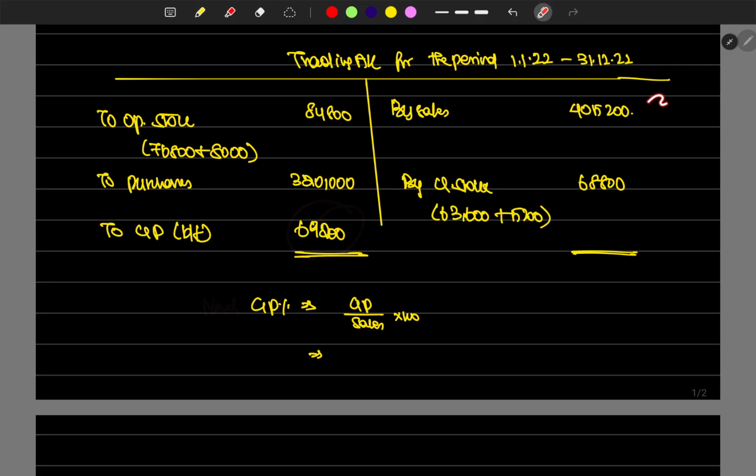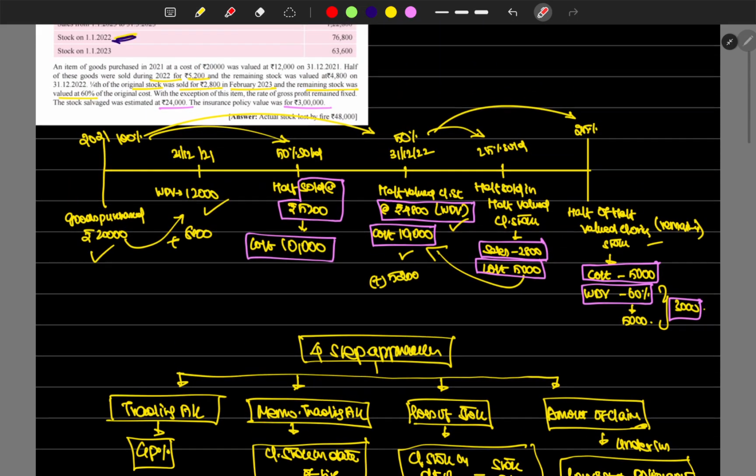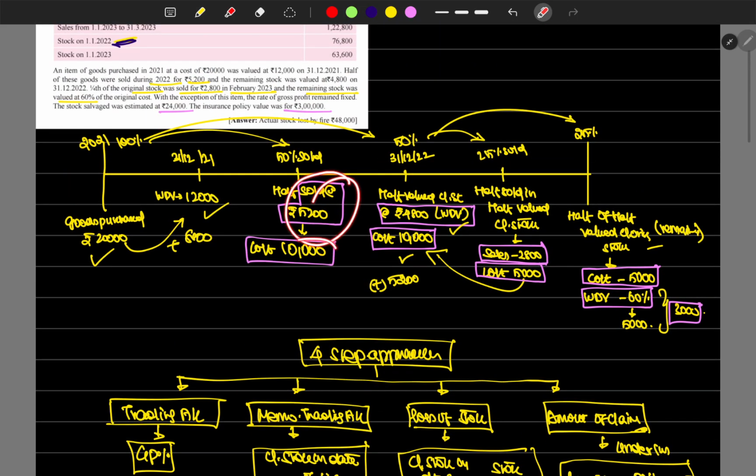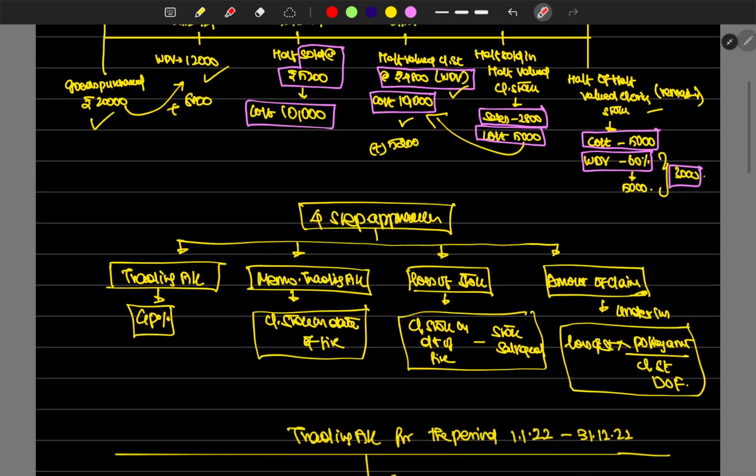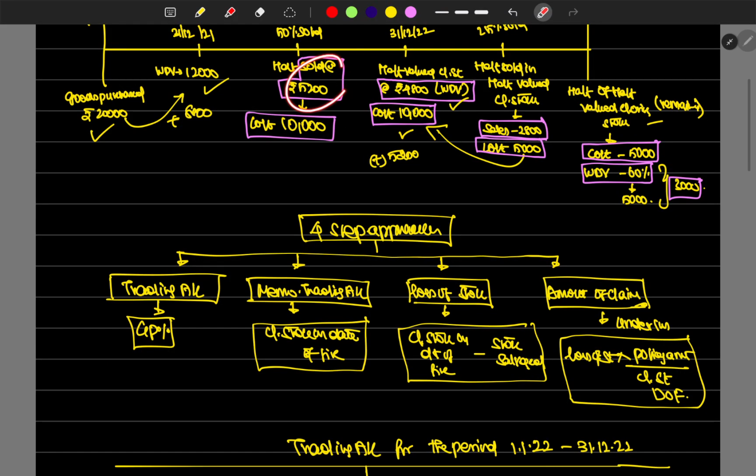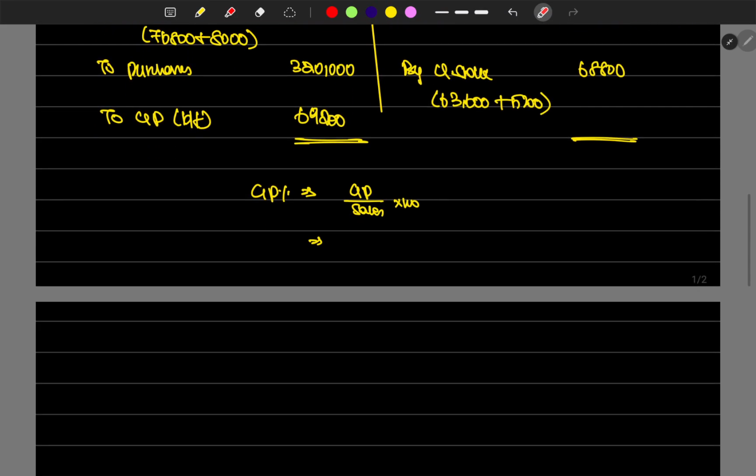Here we have included the abnormal sales item also. The abnormal sales item is, see, 10,000 worth goods has been sold for 5,200. So we have to segregate the normal sales and abnormal sales here before proceeding with the GP percentage.